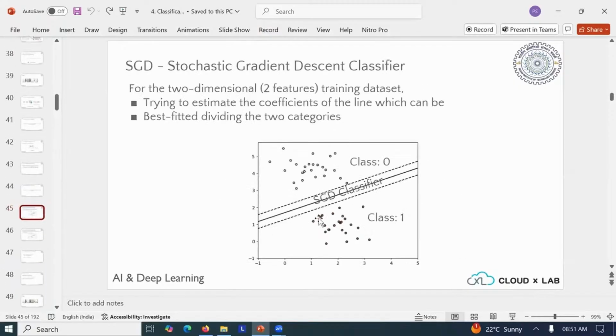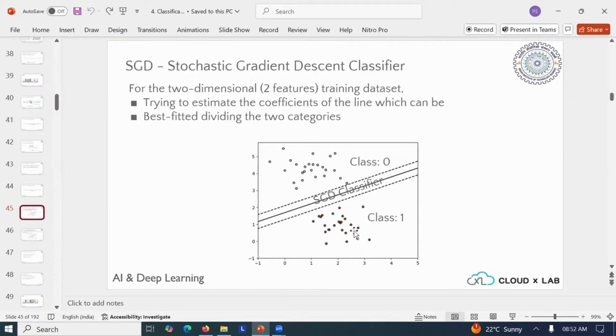So here we are doing binary classification using the SGD classifier, right? As you can see, if a point lies above this boundary, then its class is 0, else its class is 1.